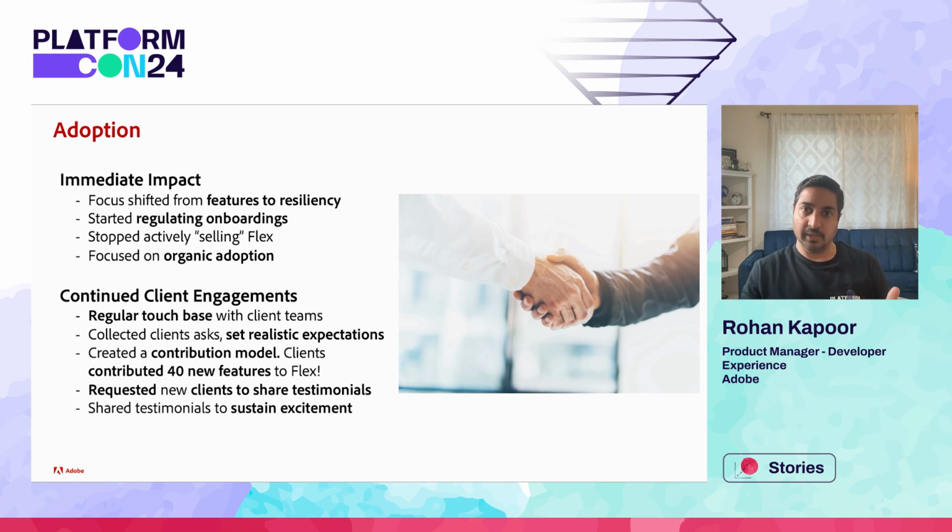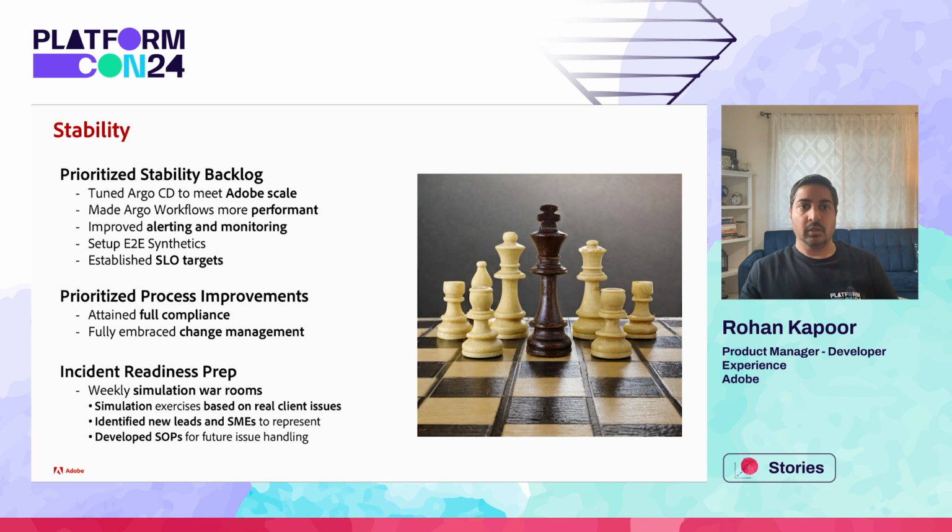We continued to gather feedback, we continued to build our backlog, and we implemented, which was a very important aspect, a contribution model that resulted in 40 clients contributing features into Flex, as we were not prioritizing those capabilities. Finally, we encouraged clients to share success stories, and despite the crisis, we maintained buzz around Flex by sharing these testimonials with the larger Adobe developer community.